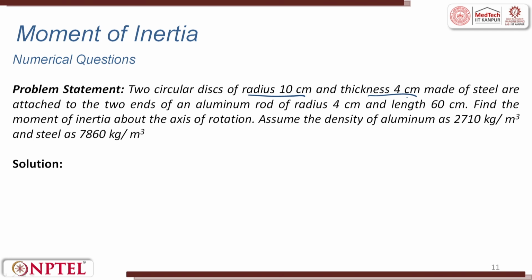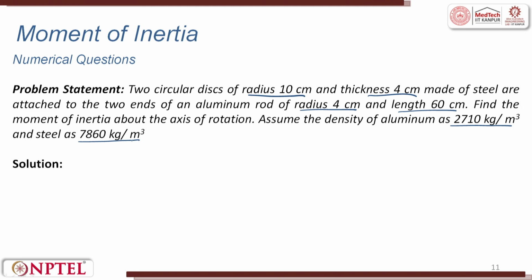These are attached to two ends of an aluminum rod of radius 4 centimeter. The length of the aluminum rod is 60 centimeter. Find the moment of inertia about the axis of rotation. Assume the density of aluminum as 2710 kg per meter cube, and for steel it is 7860 kg per meter cube. This is a problem for your home practice.